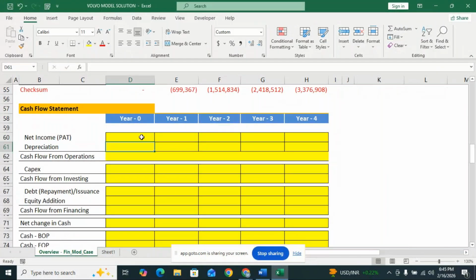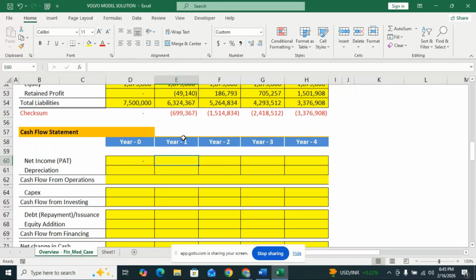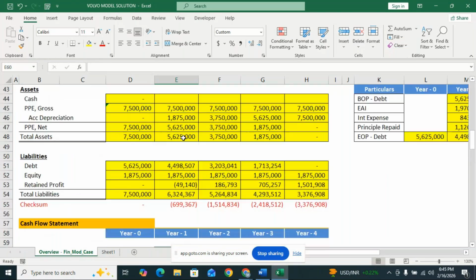And then for year 1, just paste your PATs which you have got in your income statement. That is this.